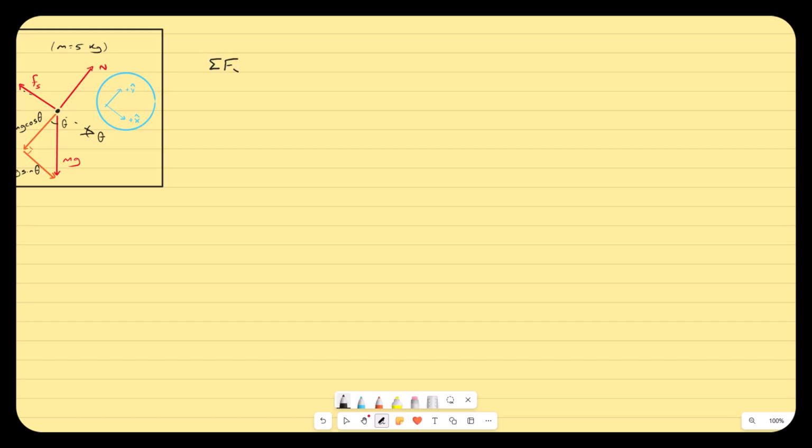Sum of forces in x. I have an mg sine theta going down my ramp. I have Fs going up the ramp. Together that's equal to mass times acceleration in x. I'm looking for that threshold value. Acceleration in x is going to be 0.